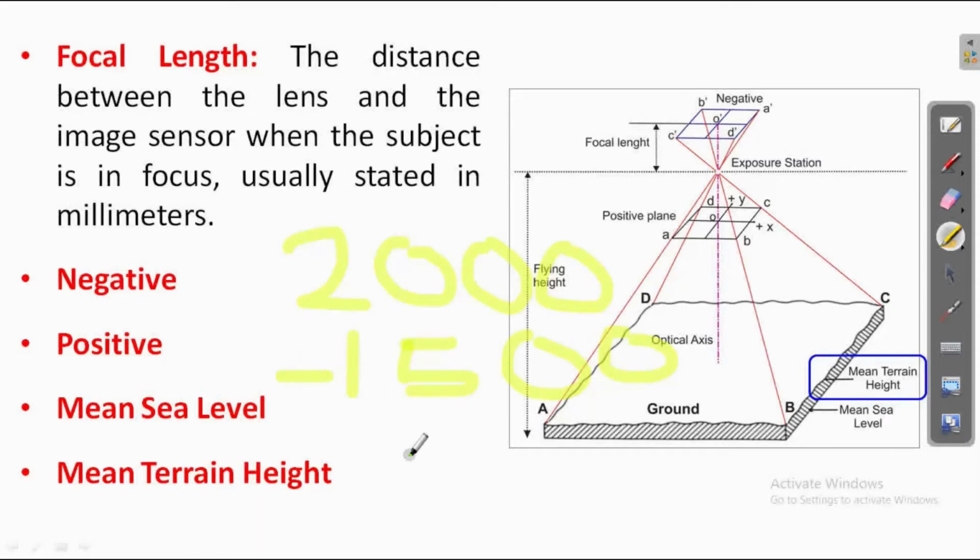If you subtract the mean terrain height from the flying height, you get 500, which is the flying height of the aircraft from the specific point. These things are required for the calculation of scale of an aerial photograph in photogrammetry. So mean terrain height is the important part for the calculation of scale.